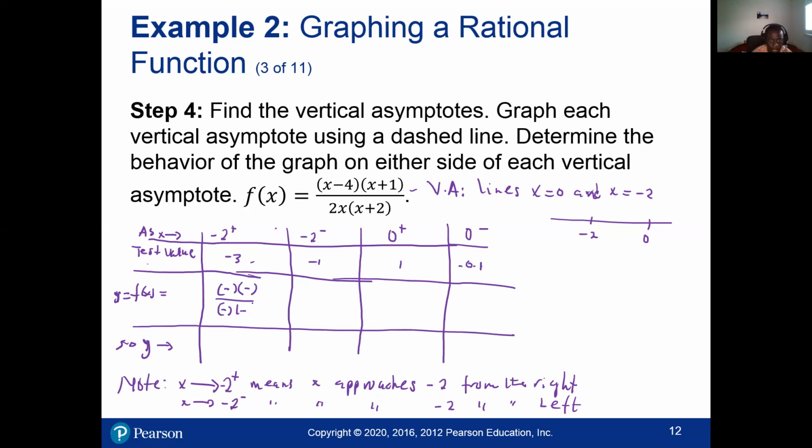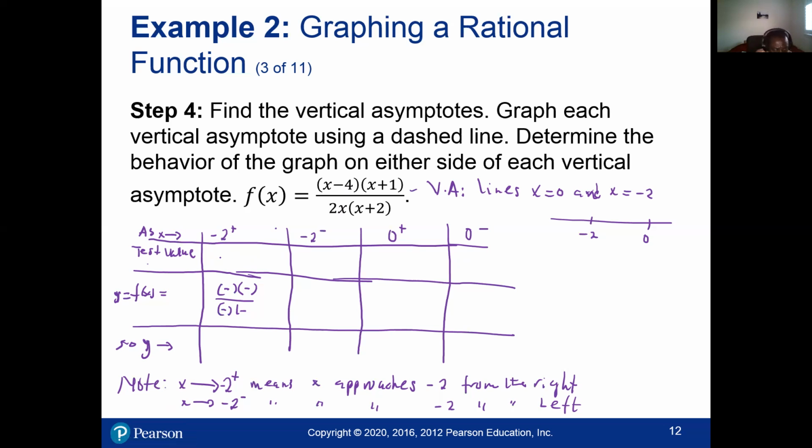Let's see. So you have negative, negative, and then negative and positive. Okay, let me change something here. We have to pick the values very close to it. Otherwise, sometimes it won't give us the right answers, because I've done it before and I know something is not right.